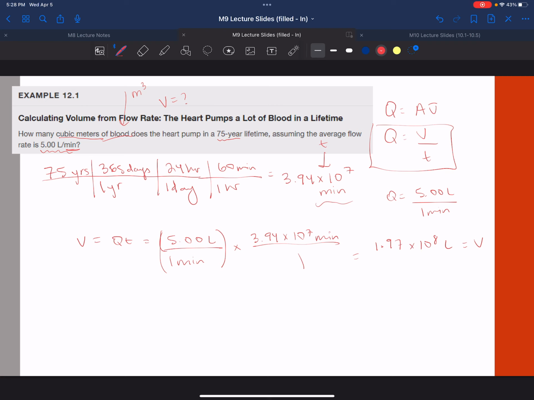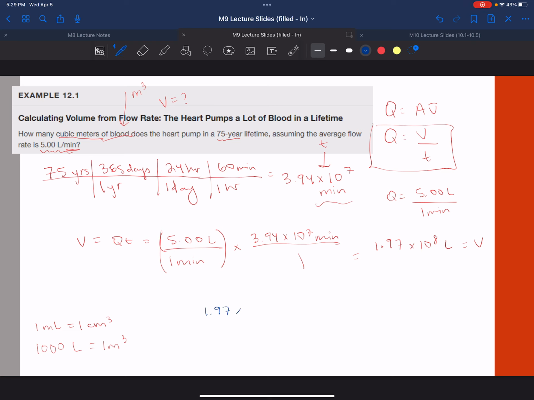So let me remind y'all of a couple of things. Number one, 1 milliliter is approximately equal to 1 centimeter cubed, which means 1,000 liters would be equal to 1 meter cubed. So now all we have to do is convert, and I'll do this in blue.